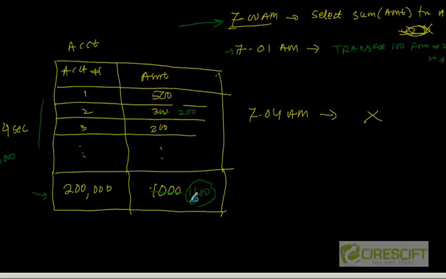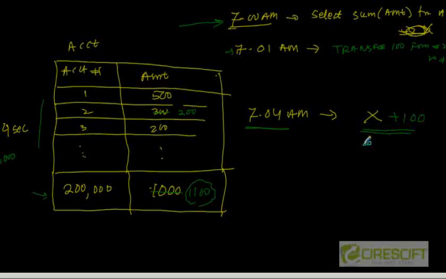If it reads this, that means it is reading a dirty amount. Why is it dirty? Because we have already accounted for the 100 in the 300. So if this situation happens, with the transfer at 7:01 a.m., then at 7:04 a.m. we are not going to get X, but $100 more.